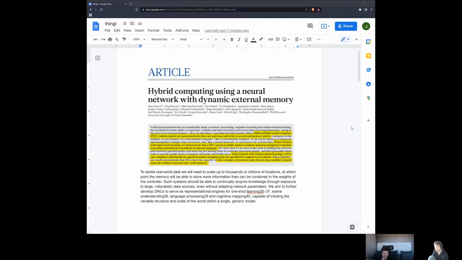Which might not be something that the neural network needs to figure out itself, but it's still a problem, right? Of how can you access and use memory? Because at that level of computer architecture, the prediction of memory usage becomes really important.